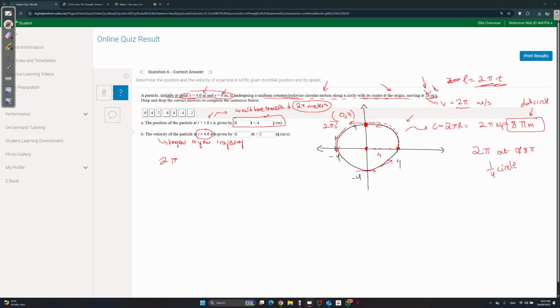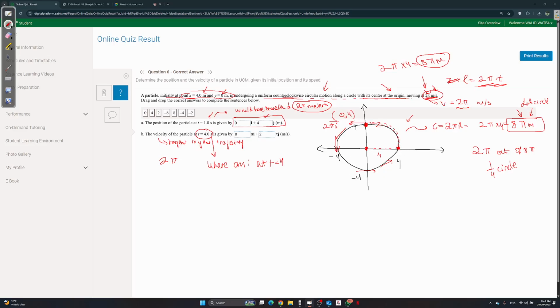So you need to know, first of all, where am I at t equals 4. Again, we go into our velocity. At 4 seconds, you would have traveled 8 pi meters. And didn't we find out that the full circle is 8 pi meters? Yes. So if you travel 8 pi meters, where are you going to end up?